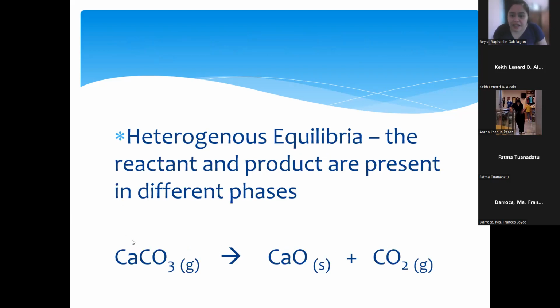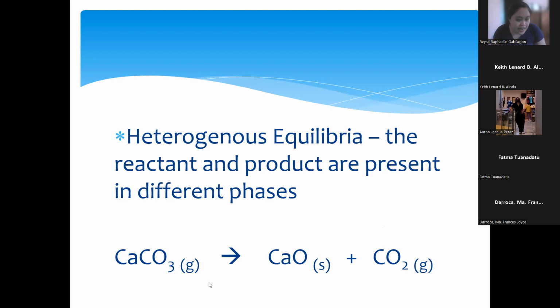Now, if in a chemical reaction, two or more of the substances involved exist in different phases, that's the time we call it heterogeneous equilibria. So we have an example here: calcium carbonate decomposing, yielding calcium oxide plus carbon dioxide.